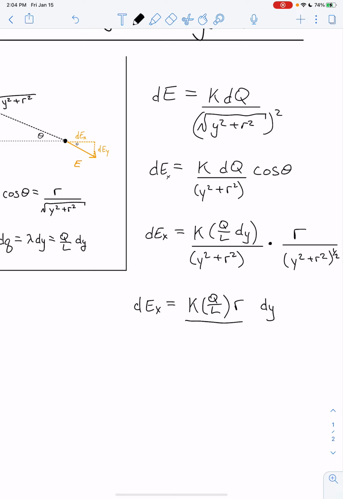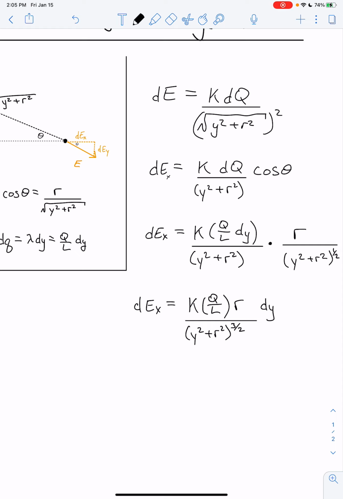And underneath in the denominator, we're going to have y squared plus r squared to the 3 over 2. All right.